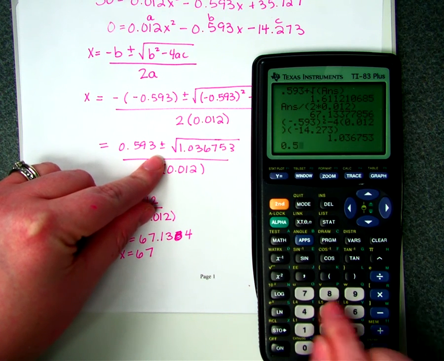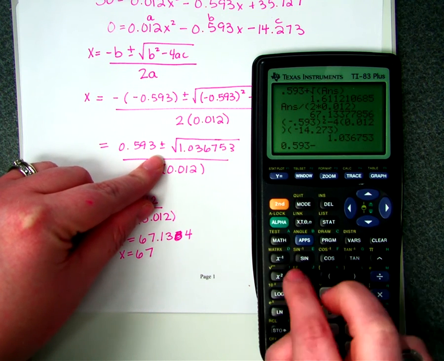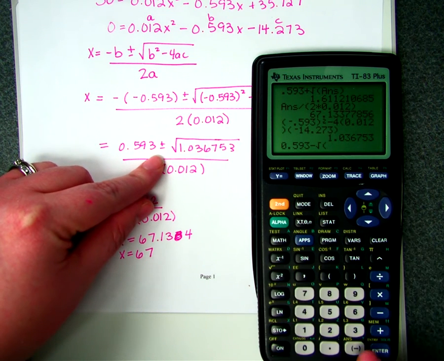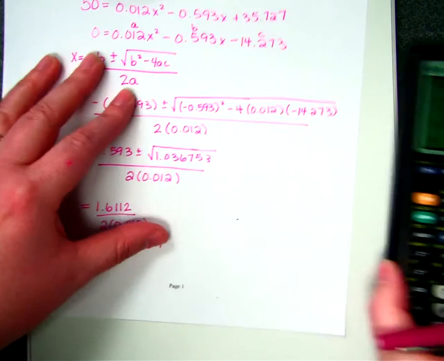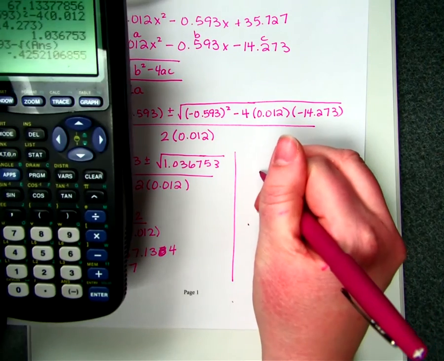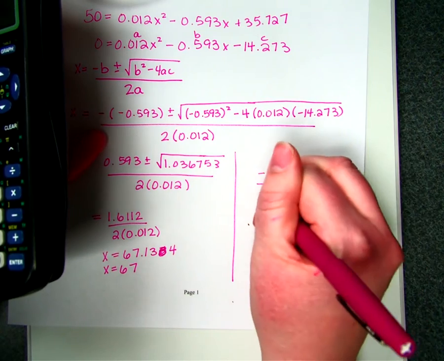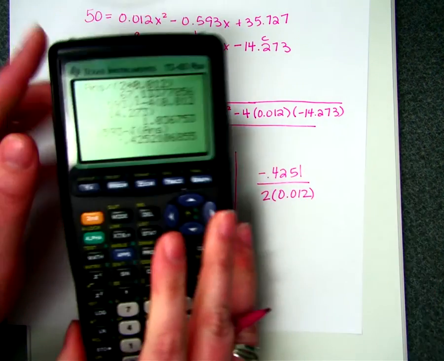So 0.593 minus second square root, so get the square root, and then second answer. So this is my numerator, negative 0.4251, all over 2 times 0.012.